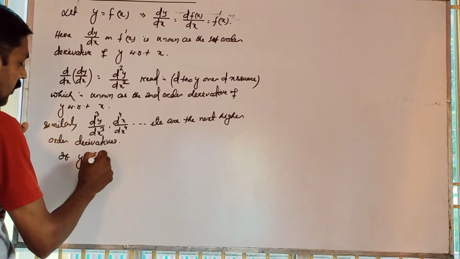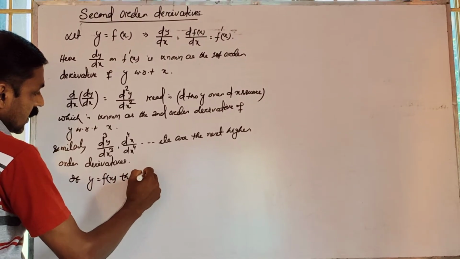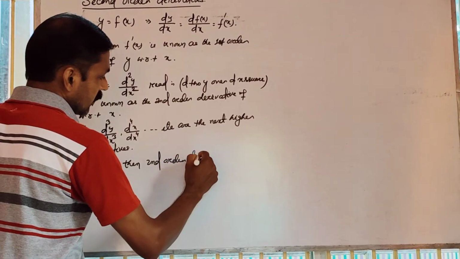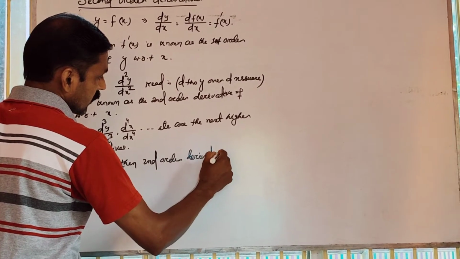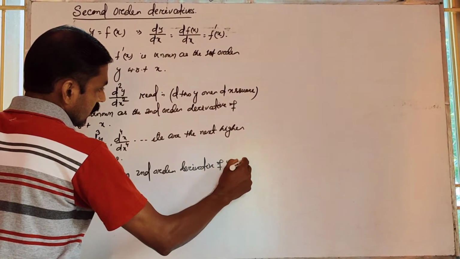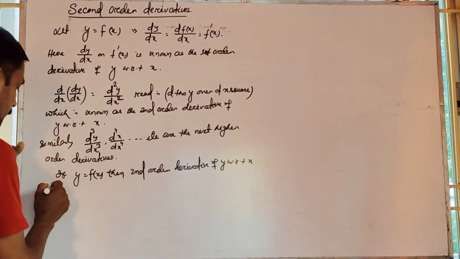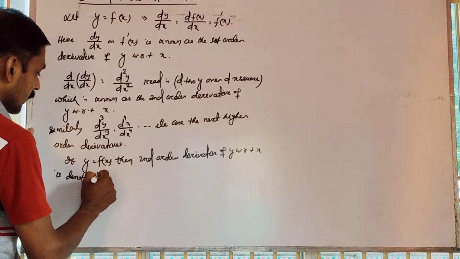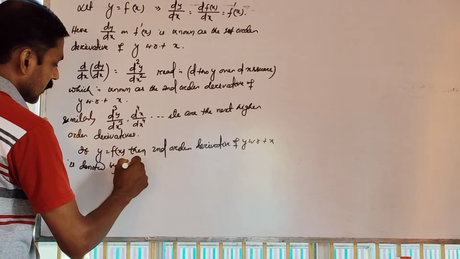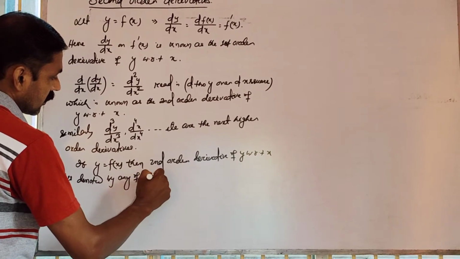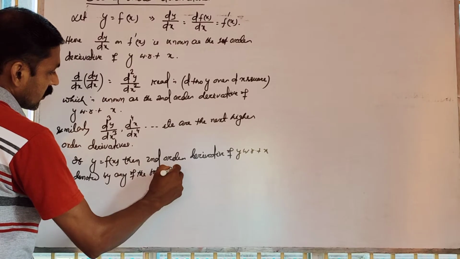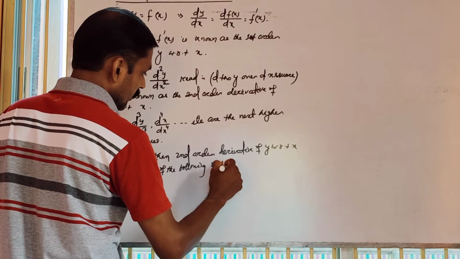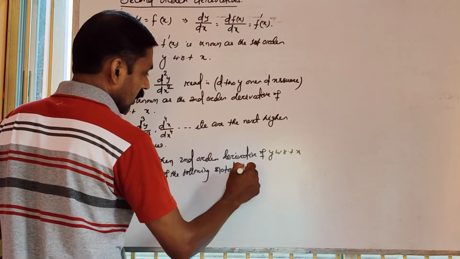So here, if y equal to f of x, then the second order derivative of y with respect to x is denoted by any of the following notations.